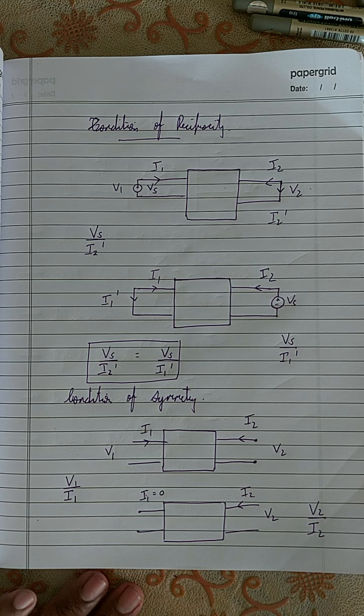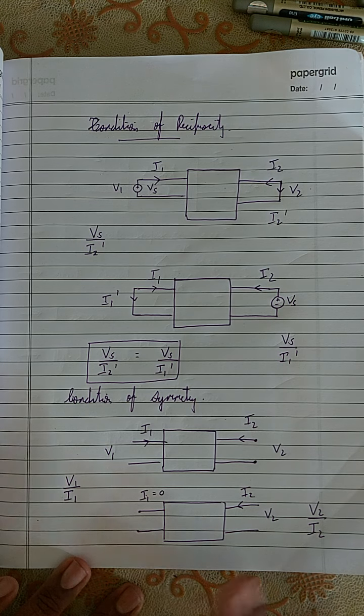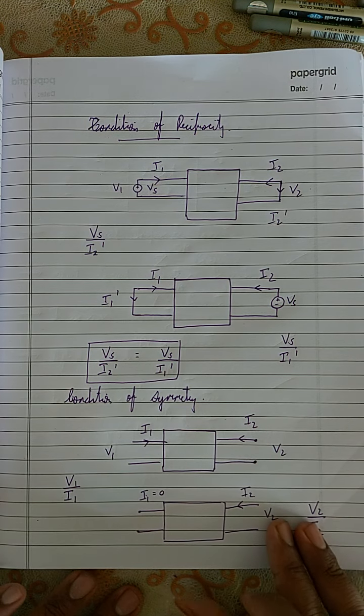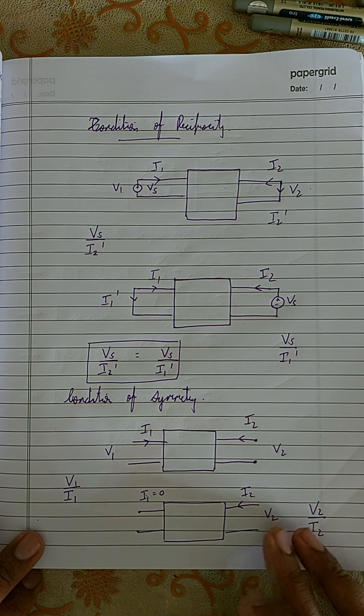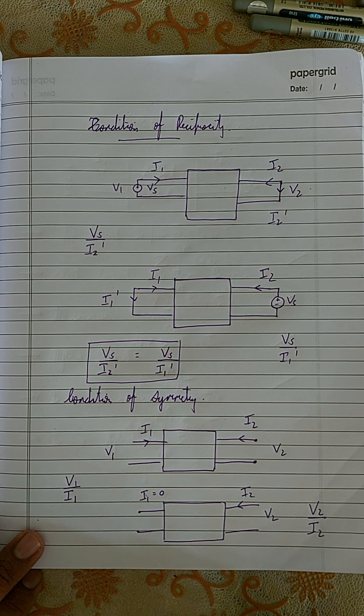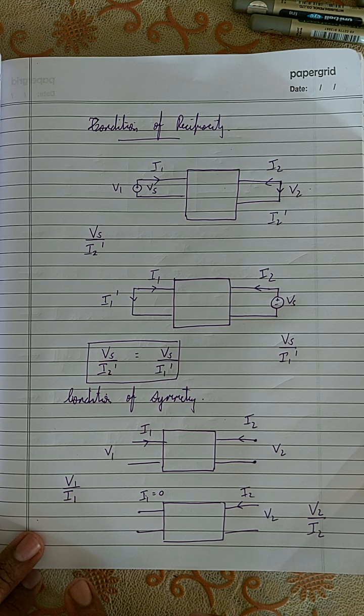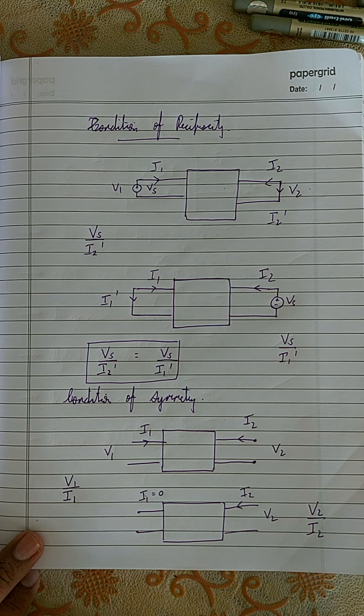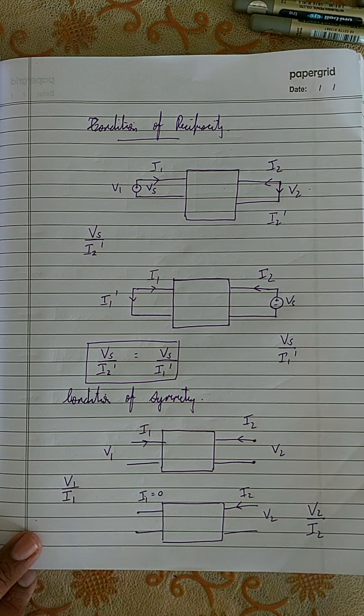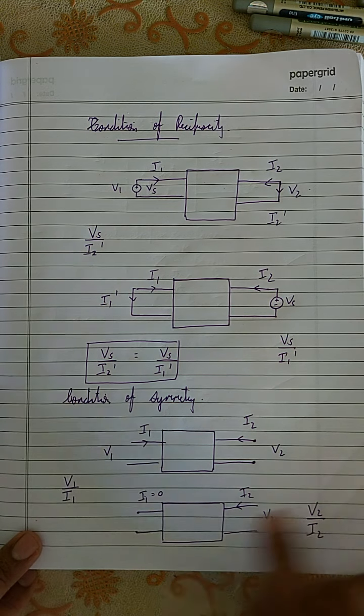So basically I find the voltage to current ratio of one port, and then the voltage to current ratio of the other port, in both cases keeping the opposite port open.